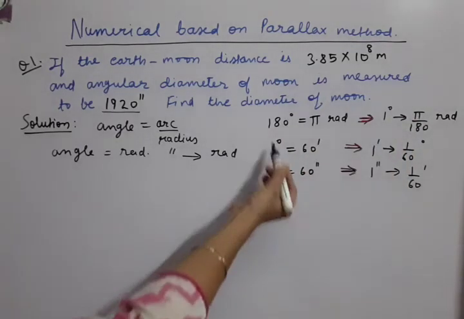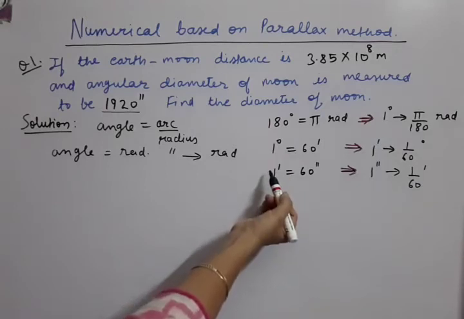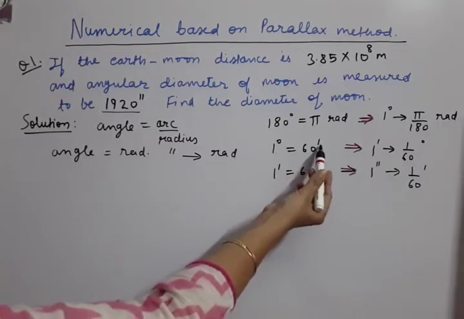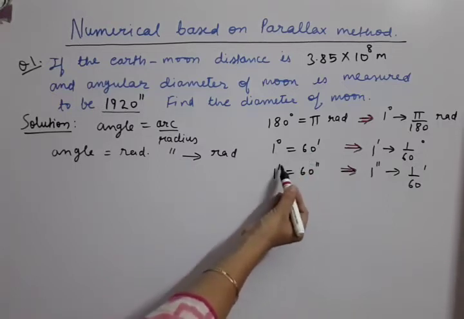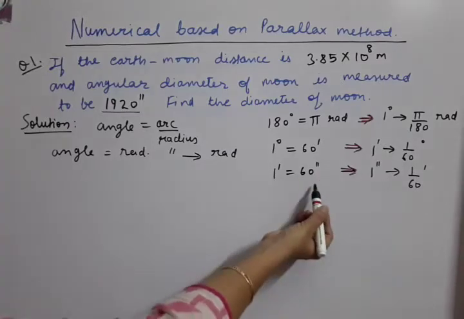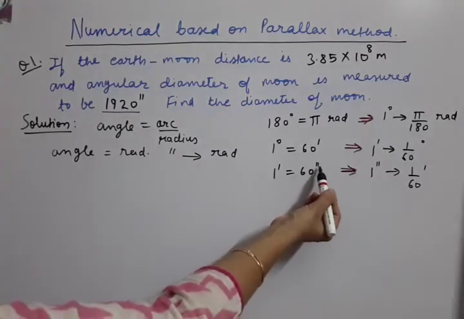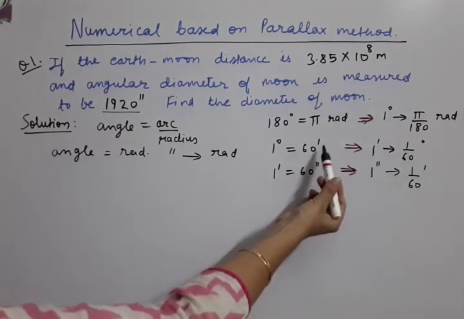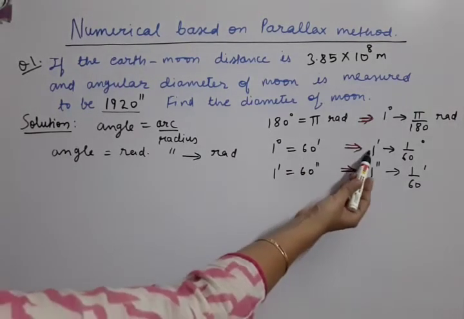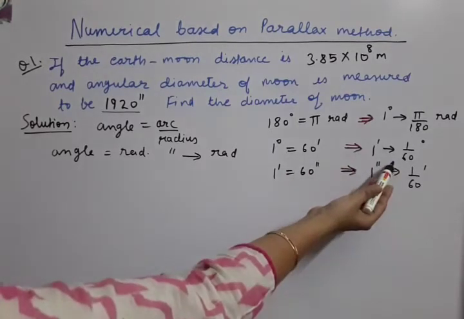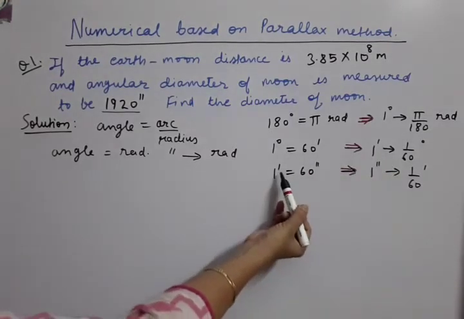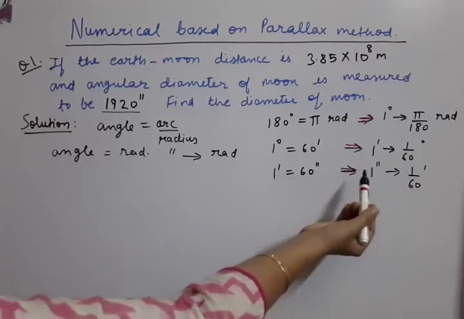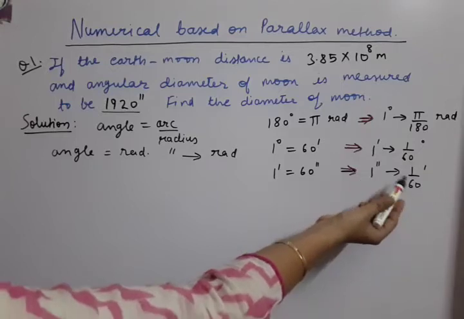Two more terms that you need to understand. The degree is also broken into minutes, that means single dash, and each minute is also broken into 60 seconds. Double dash means seconds. So 1 degree is 60 minutes, so 1 minute is 1 by 60 degree. In the same manner, 1 minute is 60 seconds, so 1 second will be 1 by 60 minute.